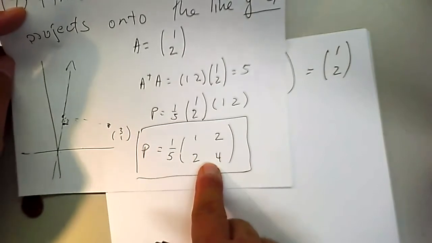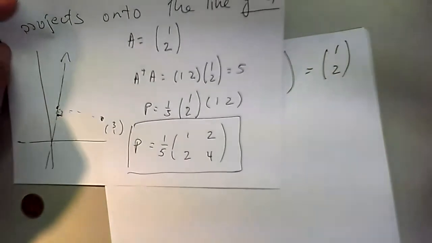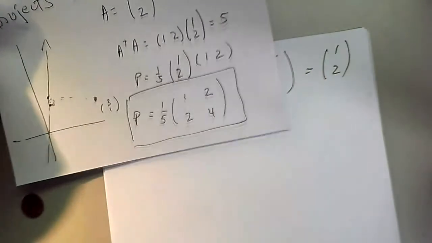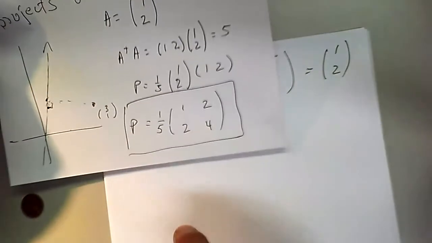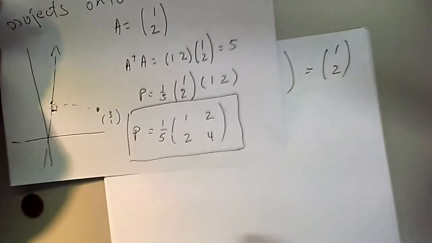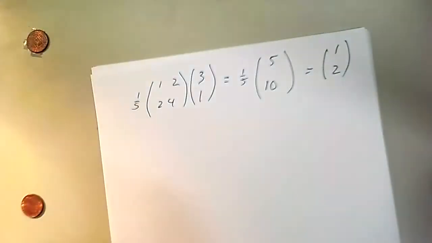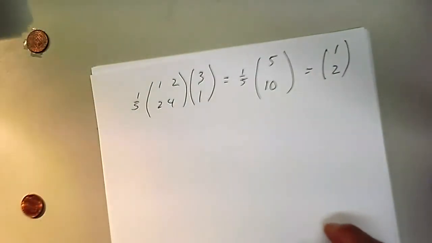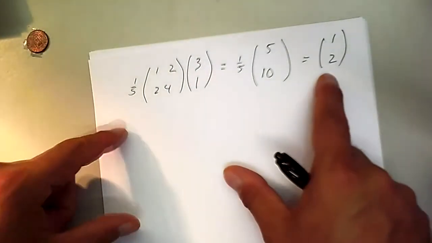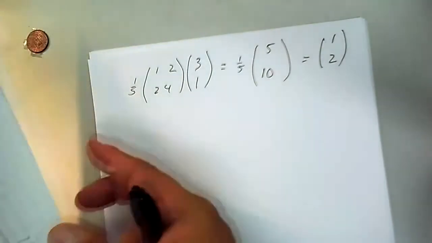I do want to believe him, but I'm going to double check. That's what I call a healthy amount of skepticism. He means well, he must be right, but why don't I check? Go ahead and check, and please tell me if I'm wrong. Yeah, 1, 2. So that is the closest one.